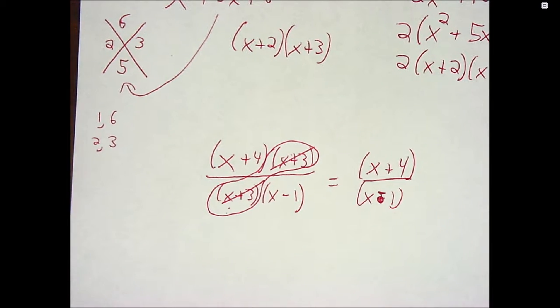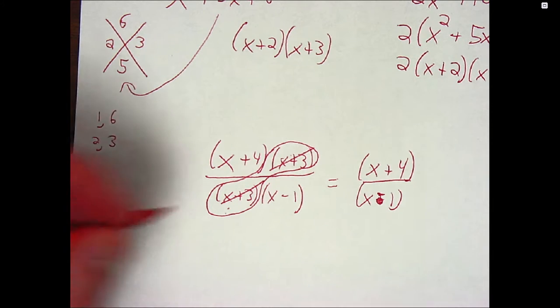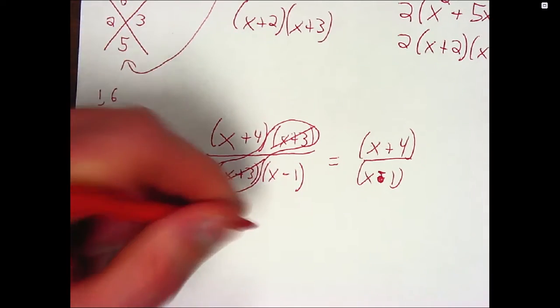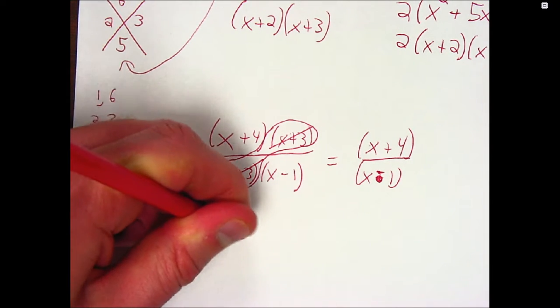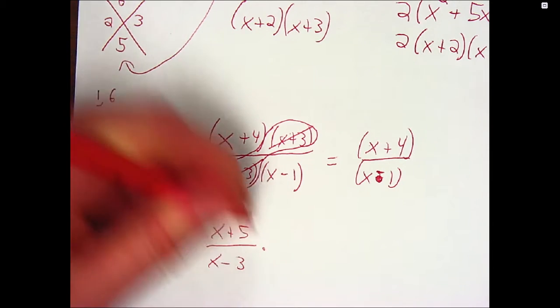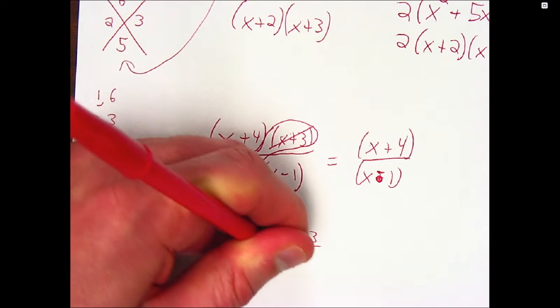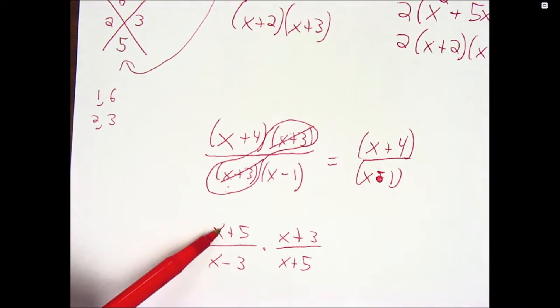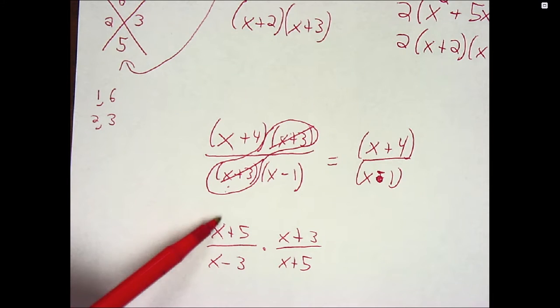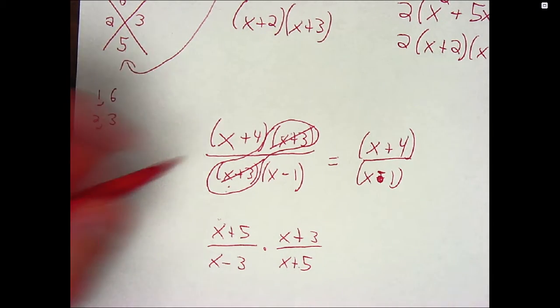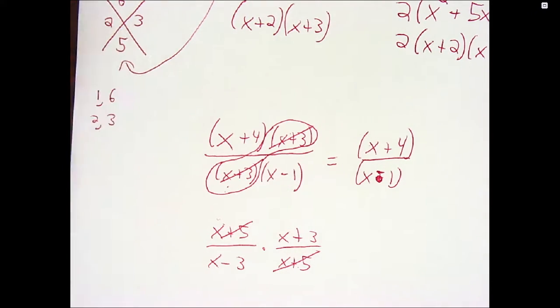Sometimes you don't have one big fraction. Sometimes you have problems where there are sort of 2 fractions multiplied, but it's still the same idea. You're looking for things that are the same on top and bottom, and you cross them out. And it doesn't matter if they're in the same fraction or not. So in this case, there's an x plus 5 on top, x plus 5 on the bottom. Cross those out.